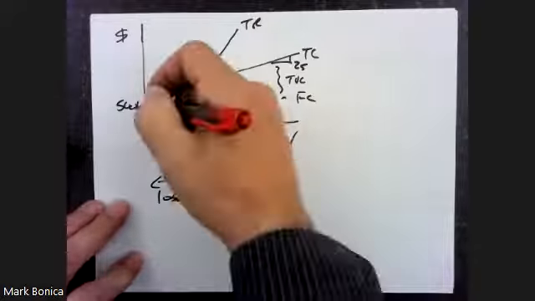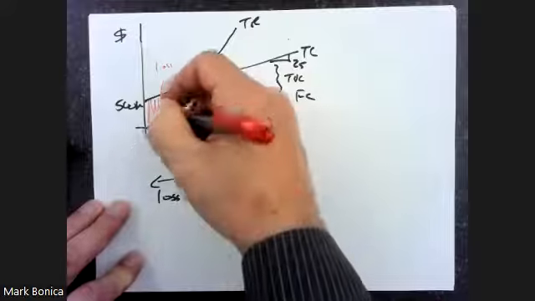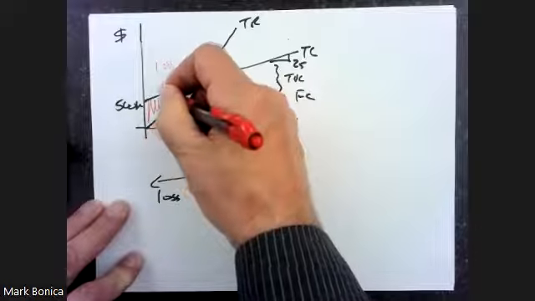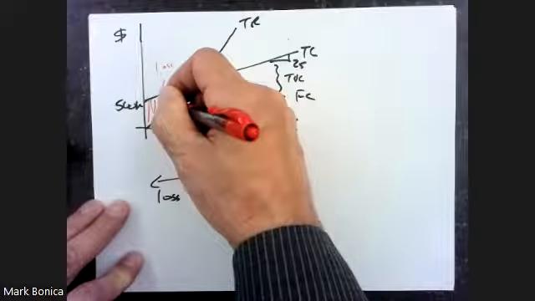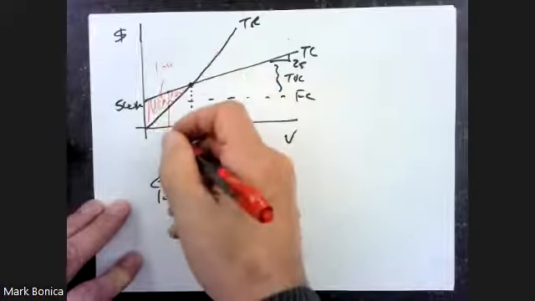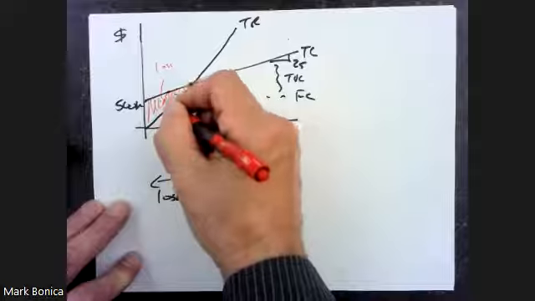This area here is my loss, right? Because if I draw a line from any volume less than 9,091, say from 8,000, it's going to go through the total revenue curve first, then the total cost curve, and this gap is my loss.